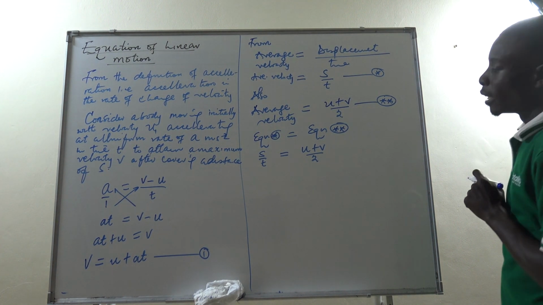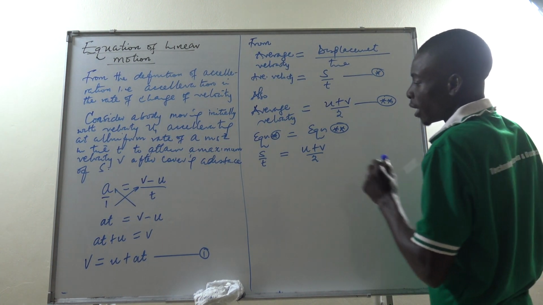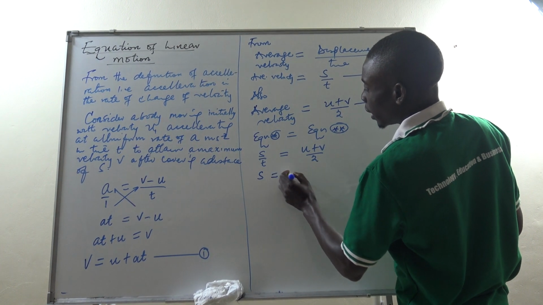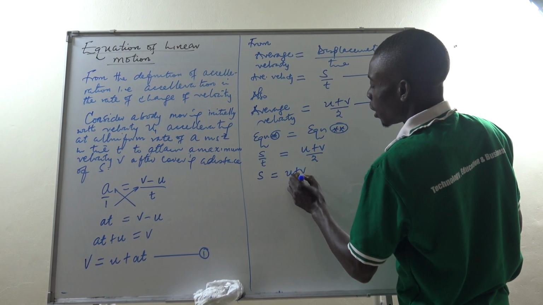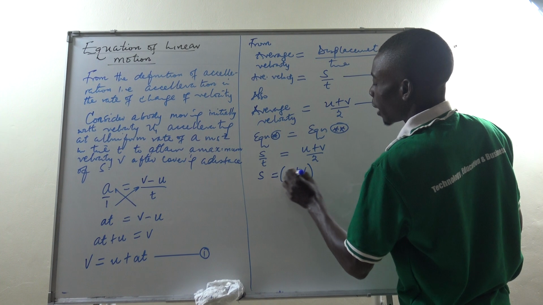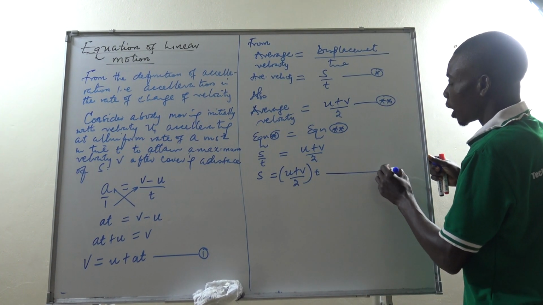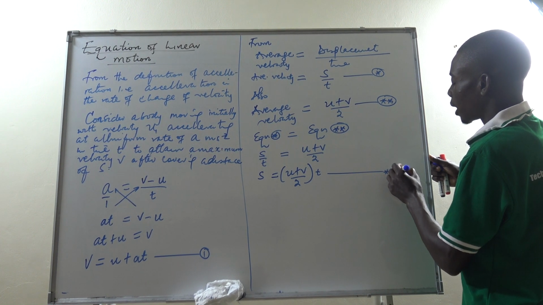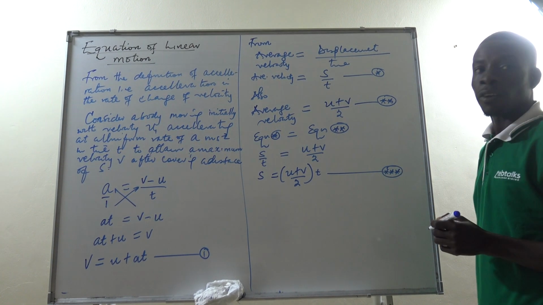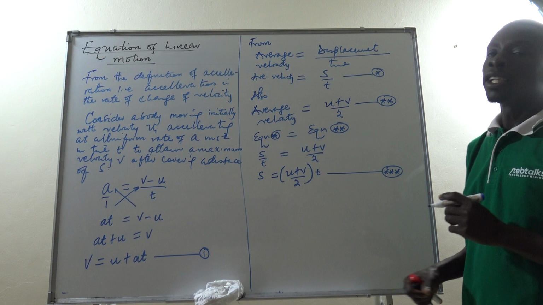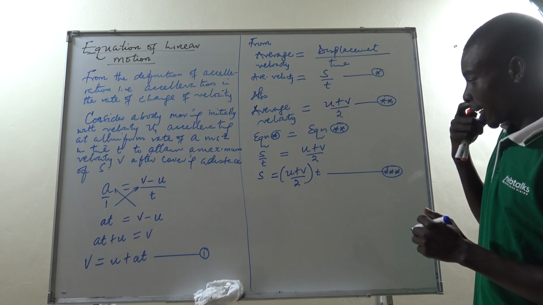Now from here we can say s equals u plus v over 2 times t, and I call this equation star 3.